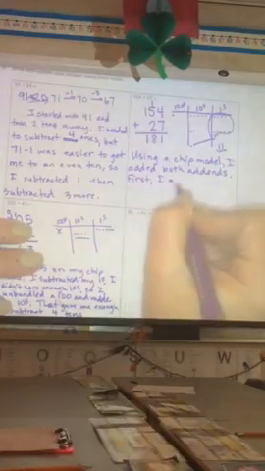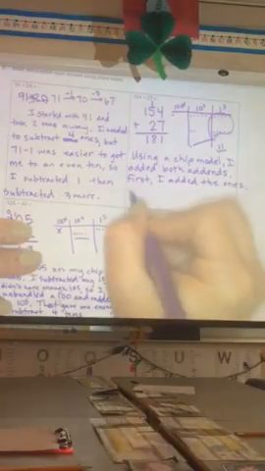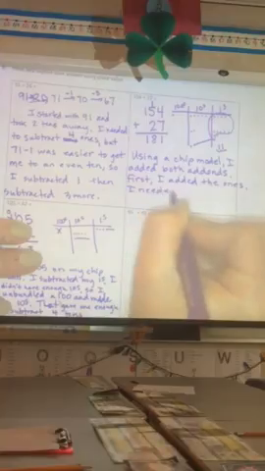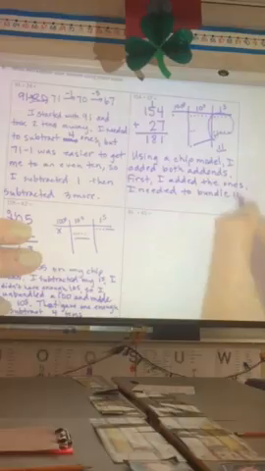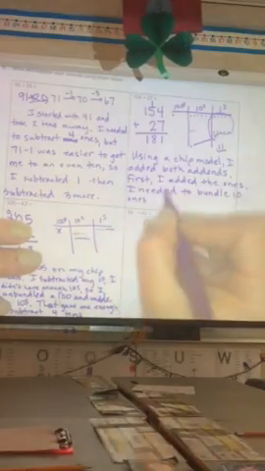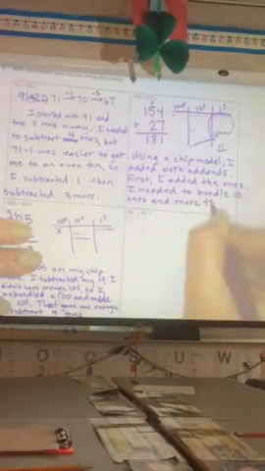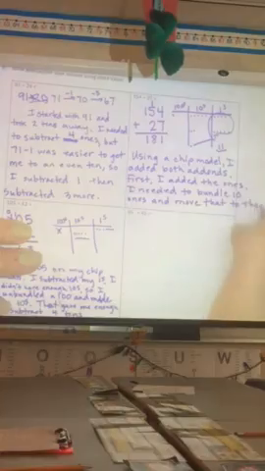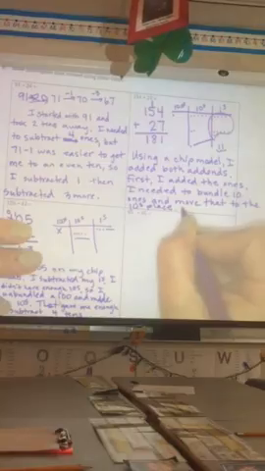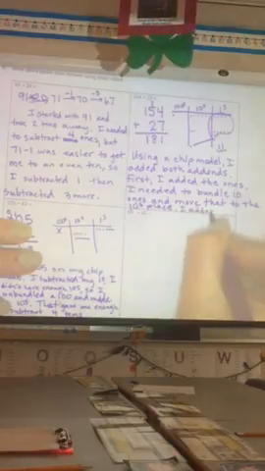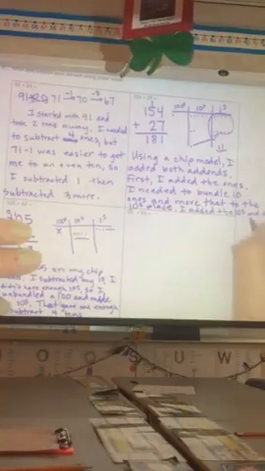First, I added the ones, and I needed to bundle 10 ones and move that to the tens place. I added the tens and the hundreds.